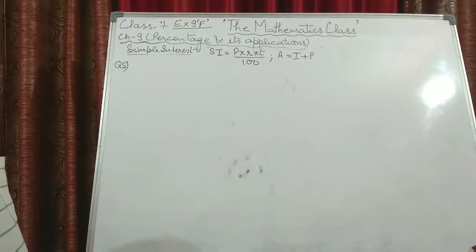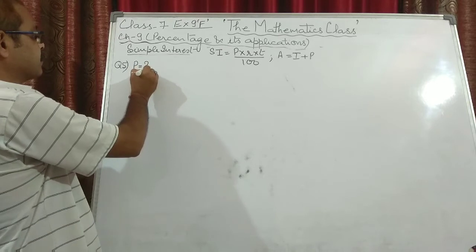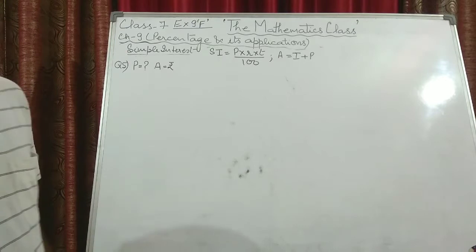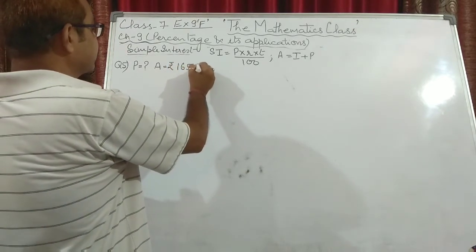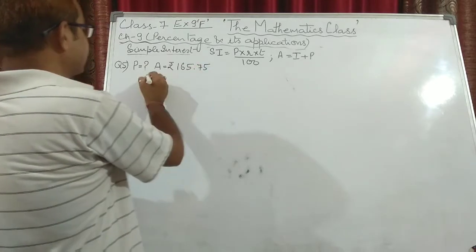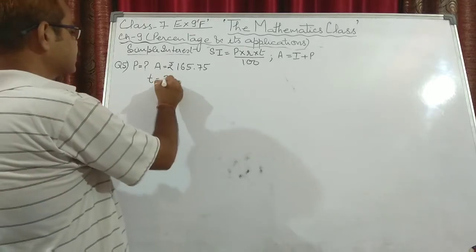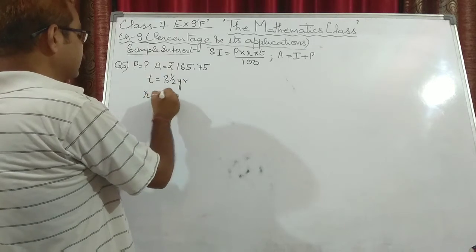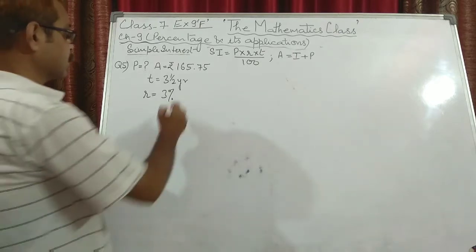Now we have taken question number 5. Find the sum which will amount. We have to find the sum. Sum stands for principal. Find the sum which amounts to rupees 165.75 and time is given to you in 3.5 years, and the rate is 3% per annum simple interest.